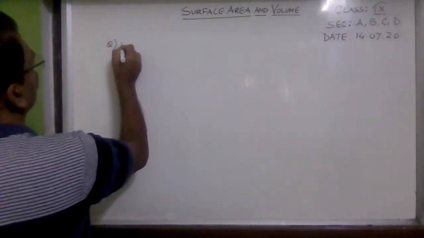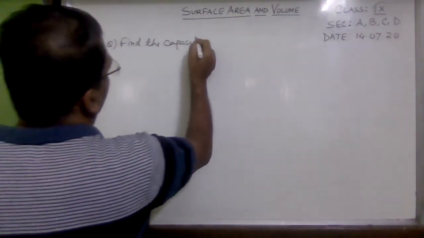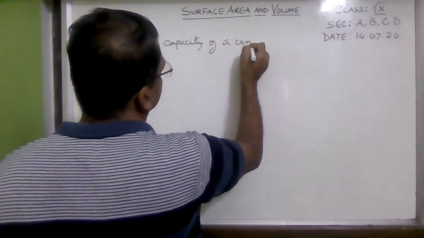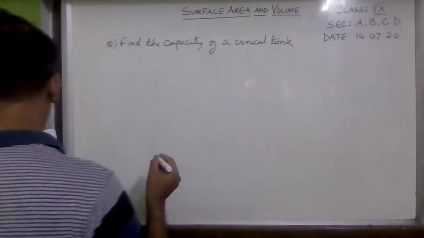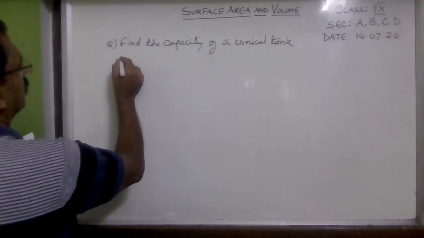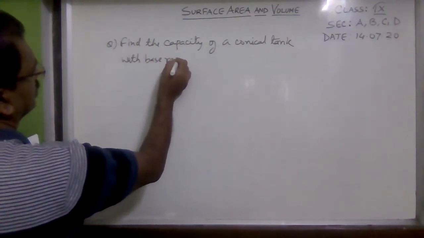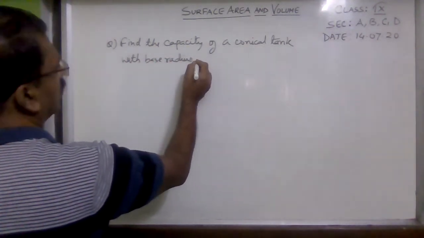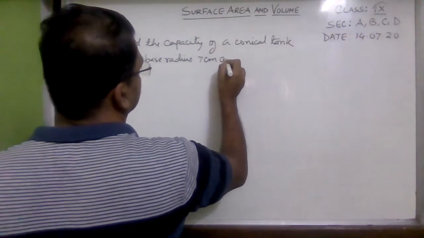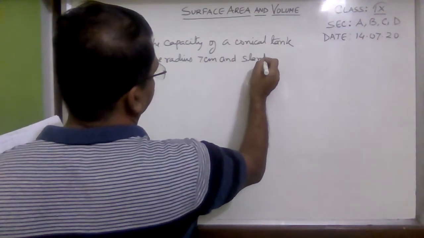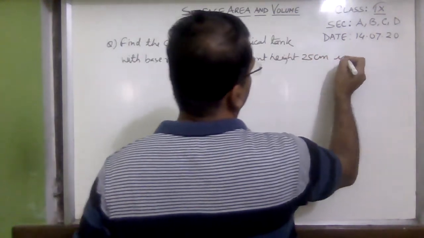Next question, find the capacity of a conical tank with base radius 7 centimeter and slant height 25 centimeter, in liters.